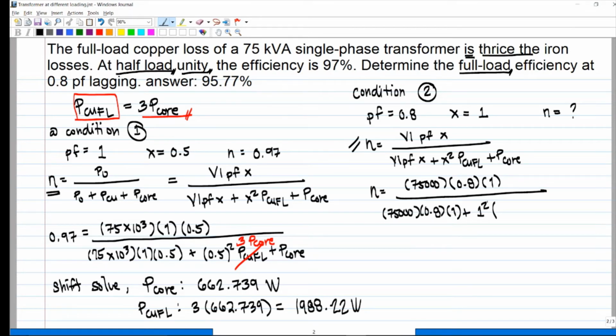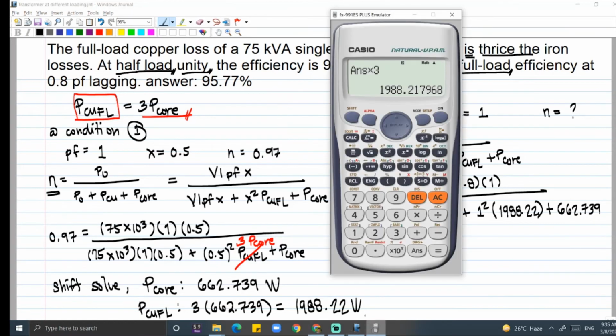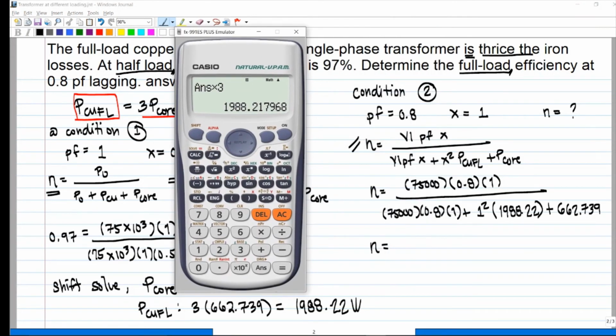So ang PCUFL natin is 1,988 na nasolve natin sa condition number 1, and the P core is 662.739. So solving for efficiency, this will be our final answer.